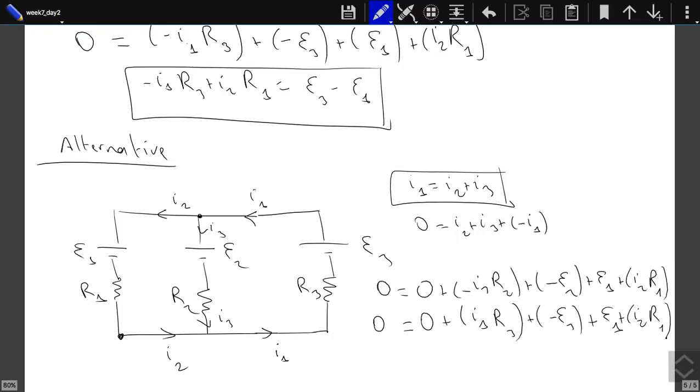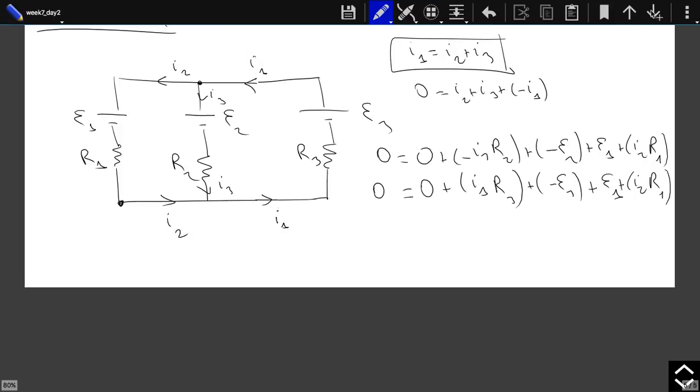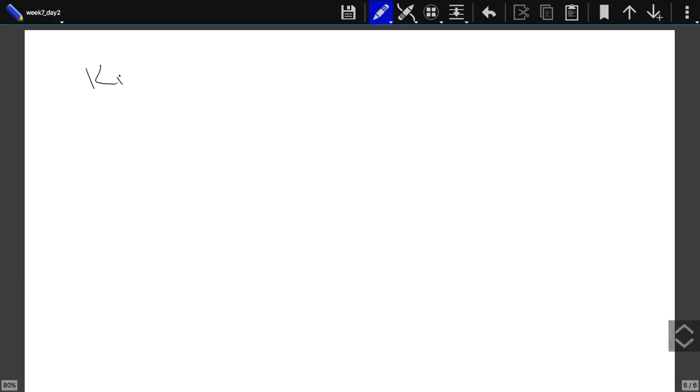How we choose these signs? These are the Kirchhoff's rules. Well, this might not be the proper way of writing the name, but it's the Kirchhoff's rules. Basically we have the loop rule.